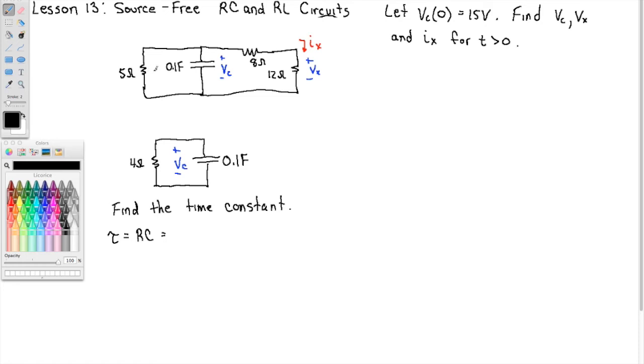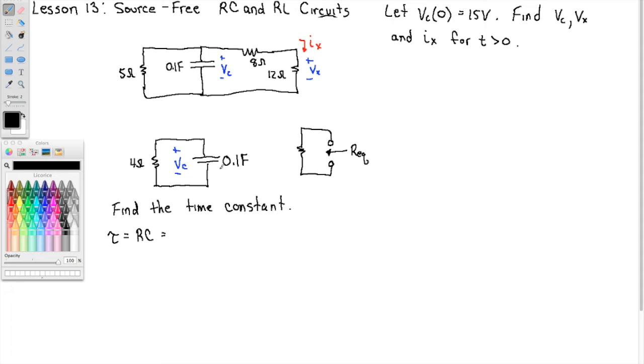Well, neither. The R is actually the resistance that the capacitor sees at its terminals. So if you like, we can talk about Thevenin resistance. Remove the capacitor and find the equivalent resistance at its terminals.